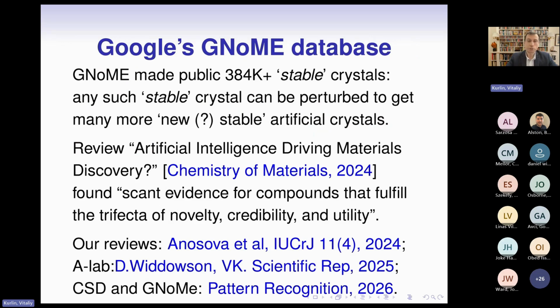Now Google's GNoME itself made public about 384,000 crystals. And the review of this work was also done initially by chemists manually. Then our reviews appeared in these papers. Let me show only the summary.